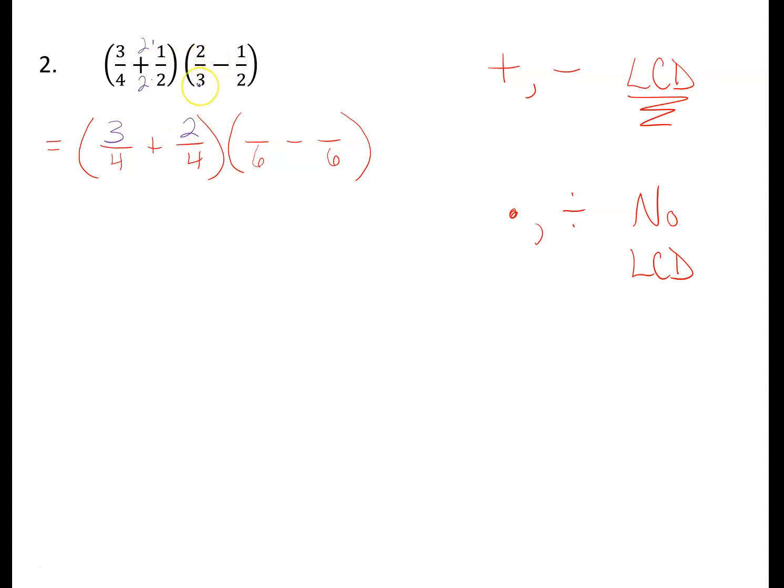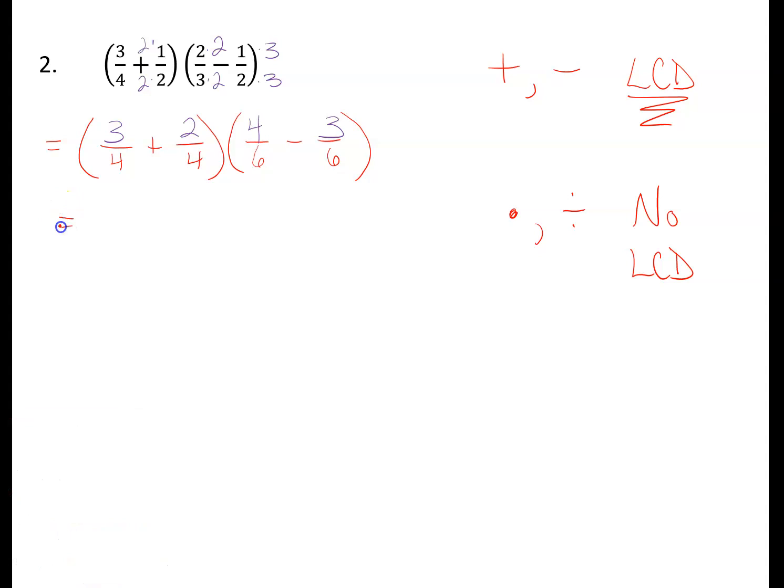All right, let's look at the 2/3. The bottom turned into 6, and so to make 3 into 6, we multiply by 2. Top times 2 and 2 times 2 will make this a 4 on top. And then our last fraction, the 2 became a 6. That means it needs to multiply by 3. And on top, we've got 1 times 3. So the new numerator there is 3.